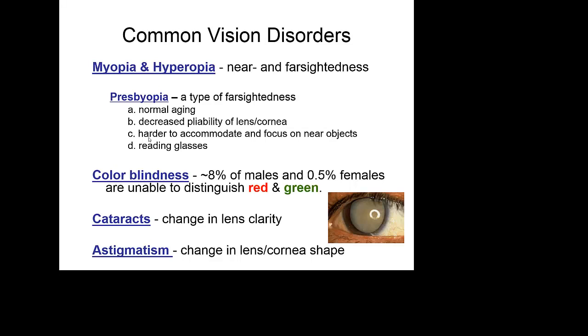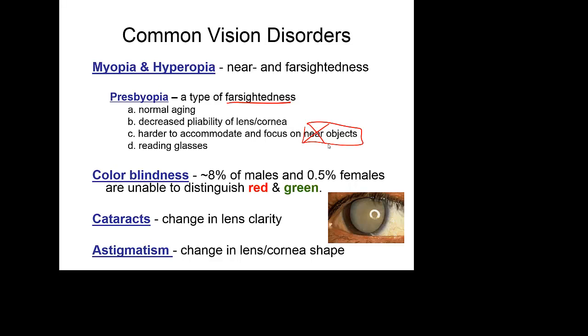And these are folks that usually just pick up reading glasses to see things that are close up. So if you are farsighted, it means that you have trouble seeing things close up. So reading glasses would work just fine here. If you're nearsighted, it means that you have trouble seeing things far away.